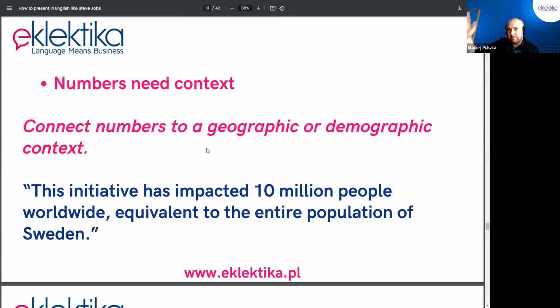There's also this very common notion of connecting numbers to the geographic or demographic context. For example, this initiative has impacted 10 million people worldwide, equivalent to the entire population of Sweden. So it's very common that they do this. It's about discovering your style.